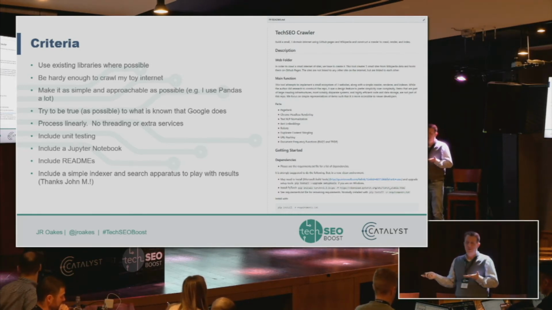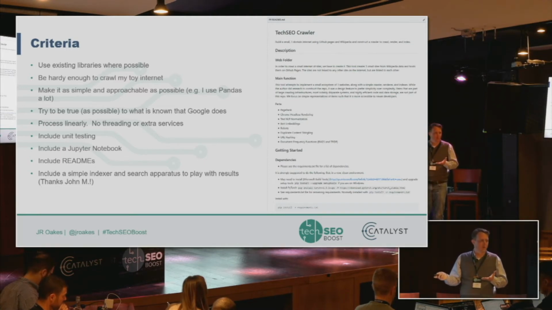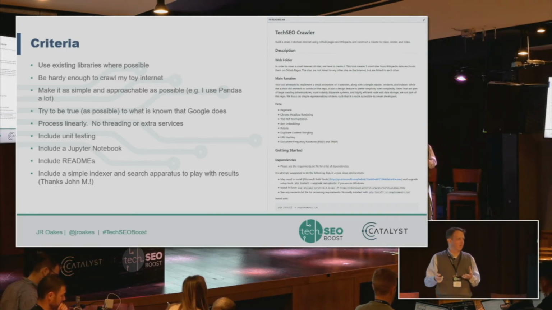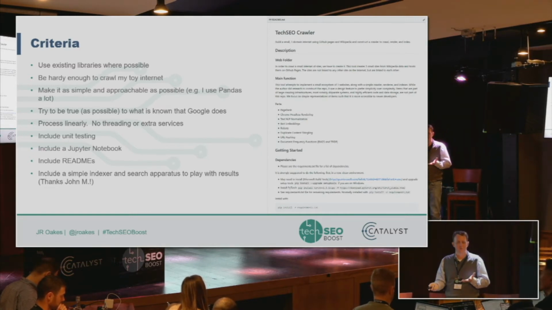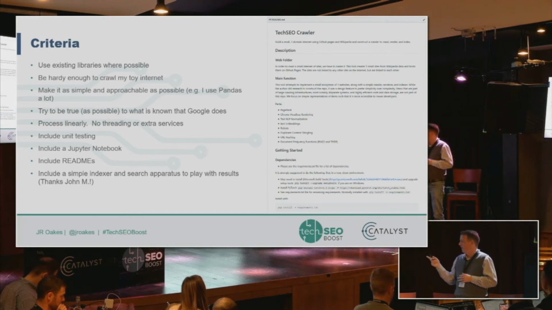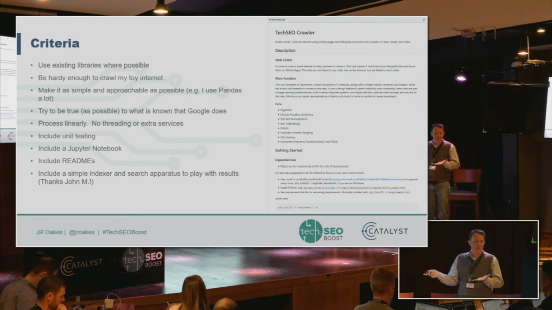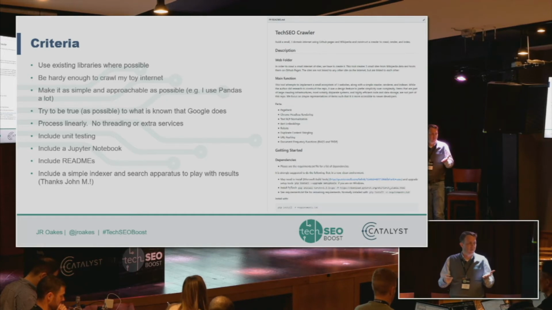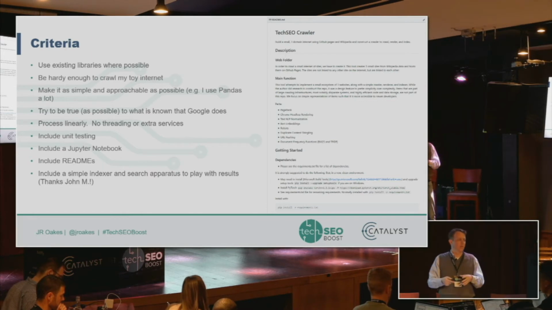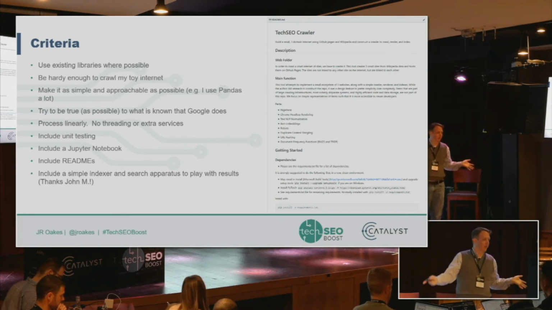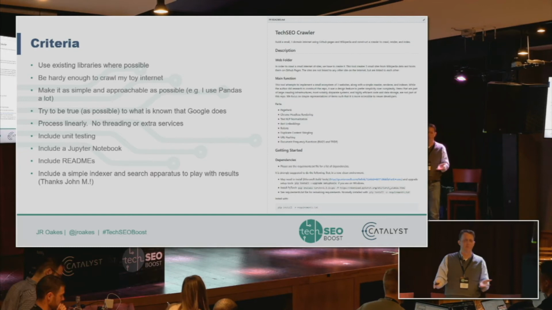I wanted to make it as simple and approachable as possible, so I opted for libraries that weren't really difficult. Pandas is a really approachable library for people that are new to Python. I tried to be as true as possible to what I thought or knew Google did. I had to process linearly, so we didn't have any multi-threading or depend on any external services, so it was easy for people to get up to speed on.